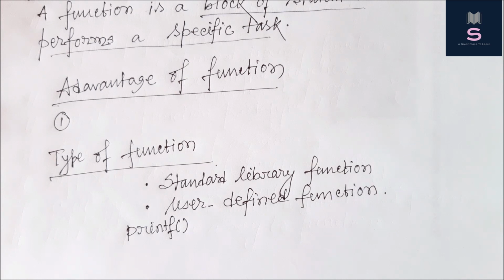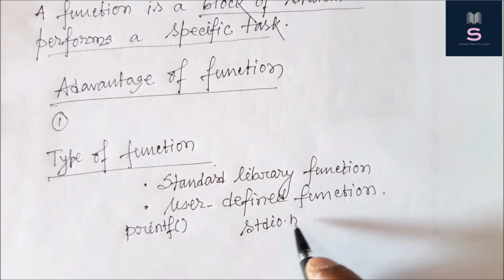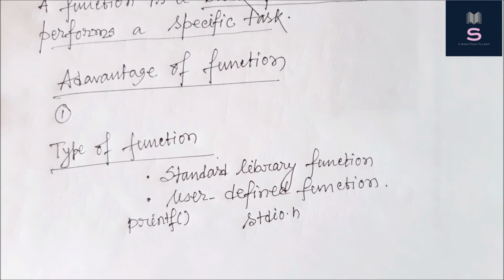The function is defined in the header file stdio.h, standard input output header file, we already know that. So, if I want to use the printf function, we have to include the header file stdio.h. Hence, the printf function is a standard library function.